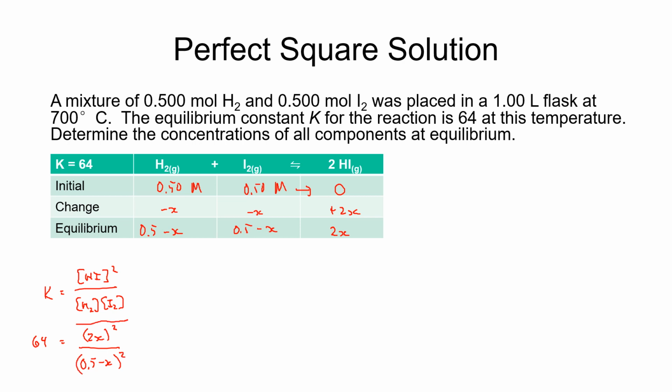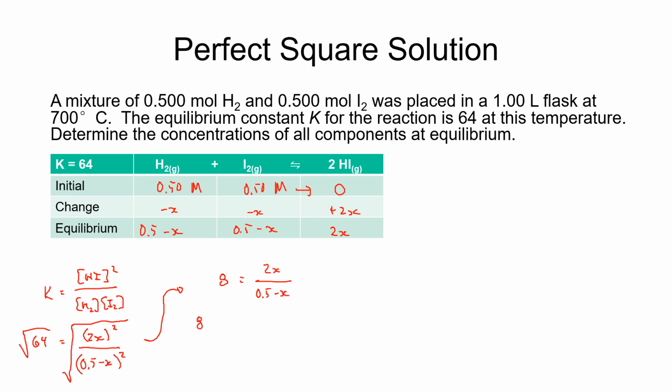And so the trick then is to take the root of both sides, and that makes it an 8. And on the top we've got 2x, and on the bottom we've got 0.5 minus x. So this is a lot easier to solve.